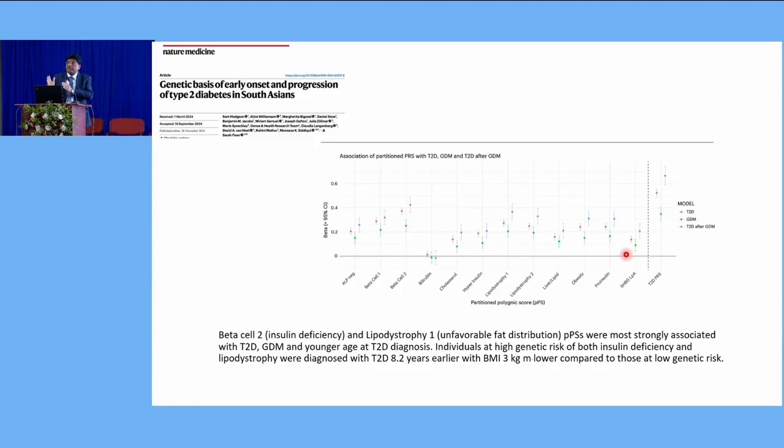The obesity cluster which was found in the Western Caucasian population was not seen in our population. So at the genome level also, the occurrence of diabetes in South Asians is not related to obesity; it is rather related to fat distribution, which is even officially labeled as lipodystrophy.